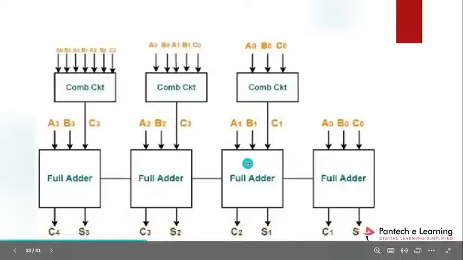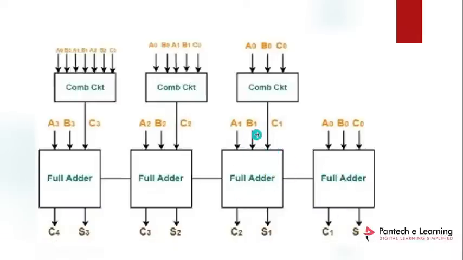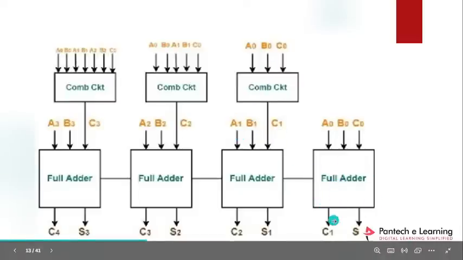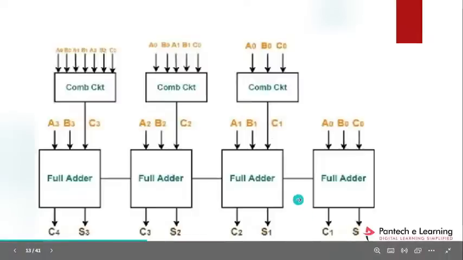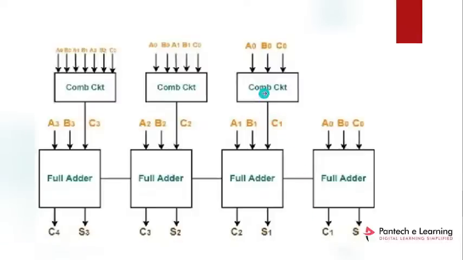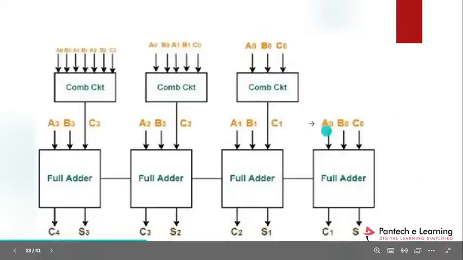You can see next to the second full adder, it has A1, B1 inputs directly from the circuit, but in the ripple design, this carry out must be given to this full adder, and by that way we get 2 gate delays. So there is one combinational circuit, and this circuit performs these full adder operations.